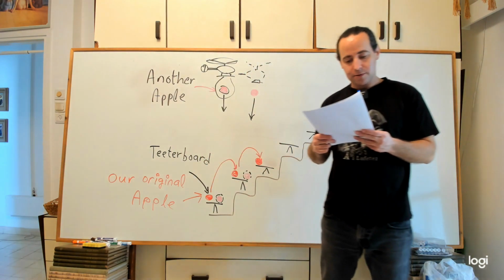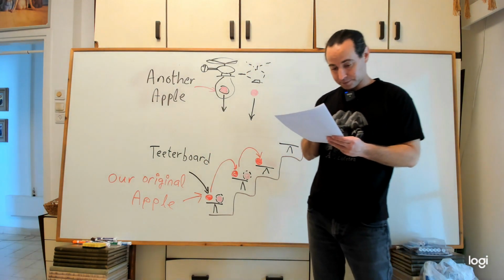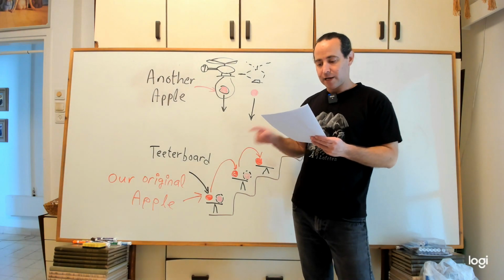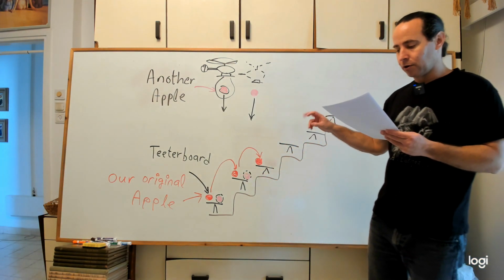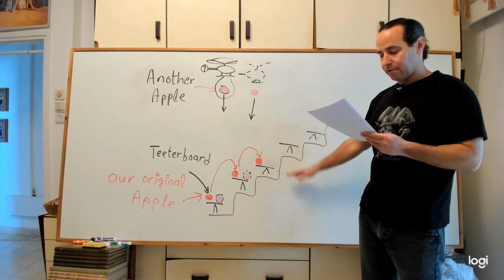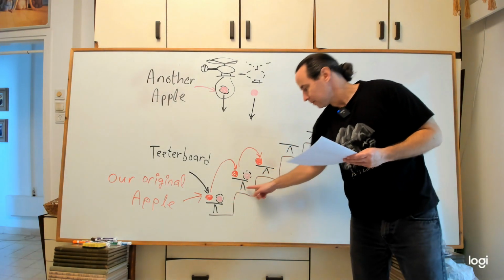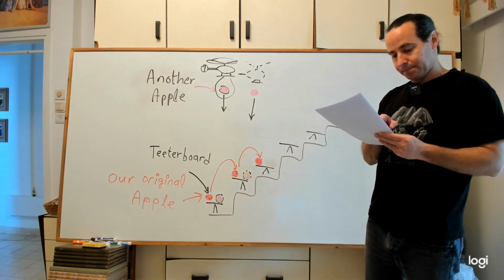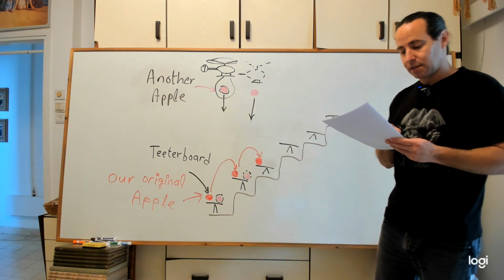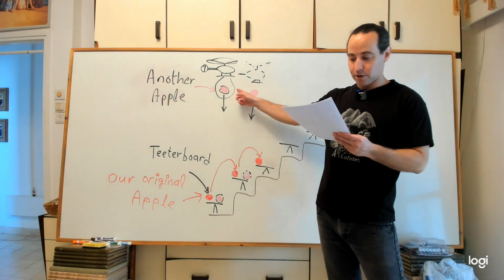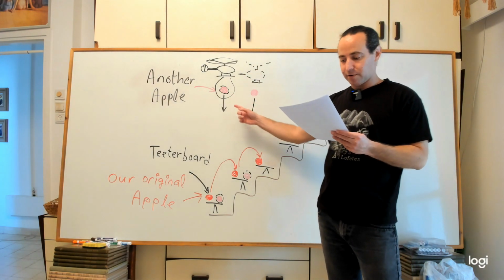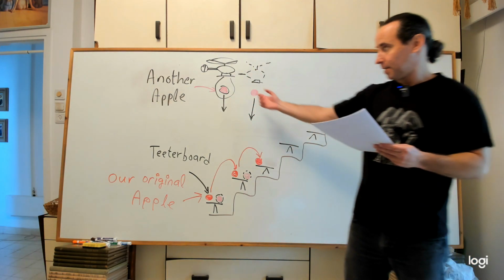And let's suppose that, okay, so for example, if we had a mountain and in every floor of the mountain, let's say every 1 meter, there was a teeterboard. And let's suppose that up above we have a helicopter hovering above all the time with a sack of apples.